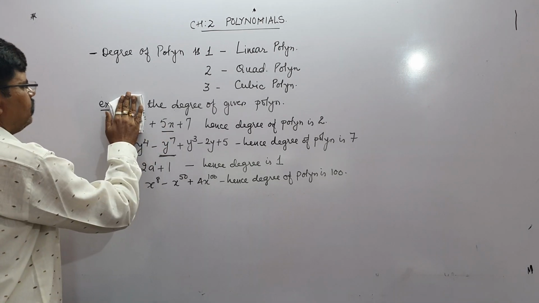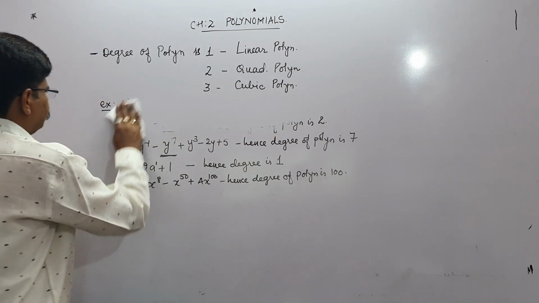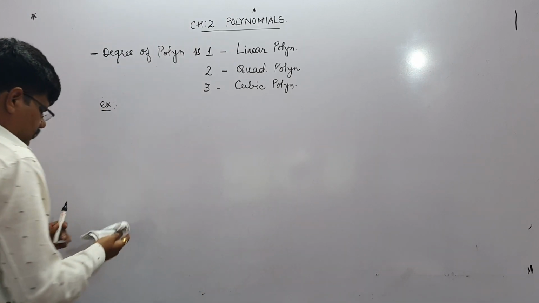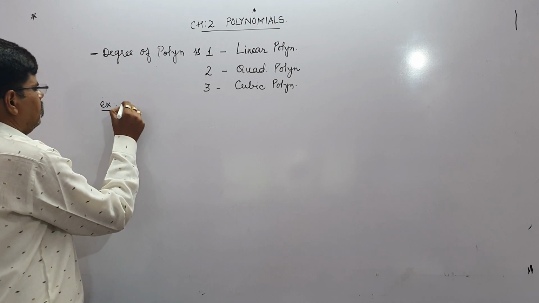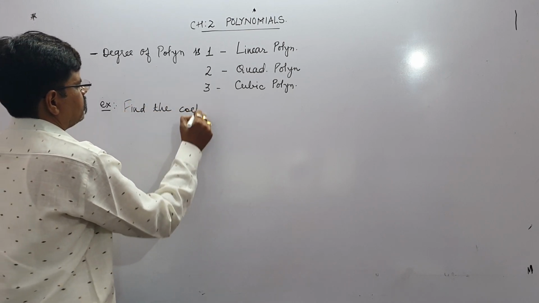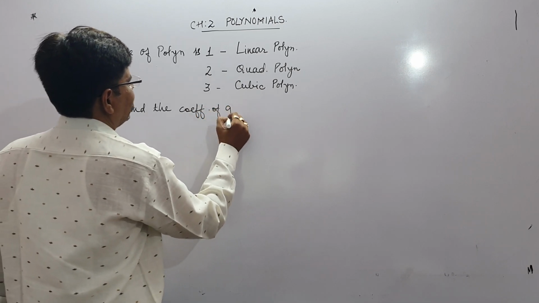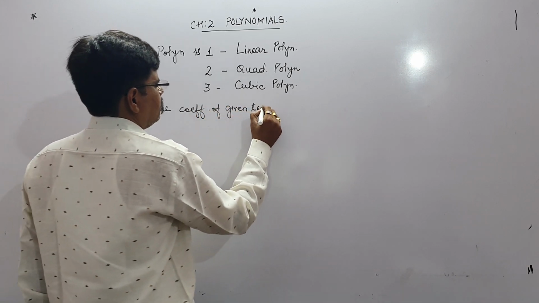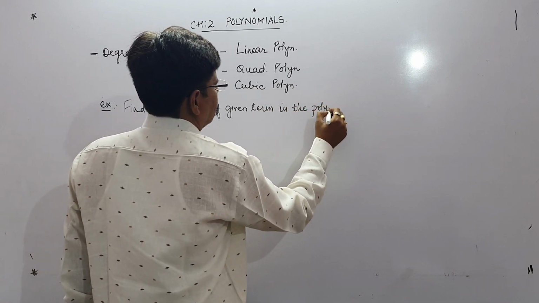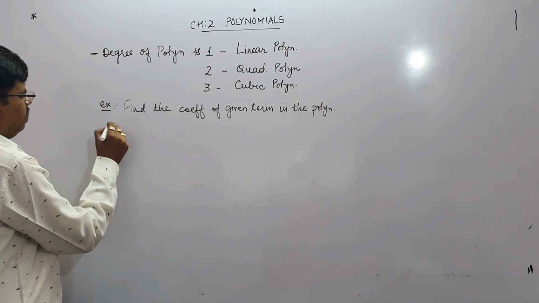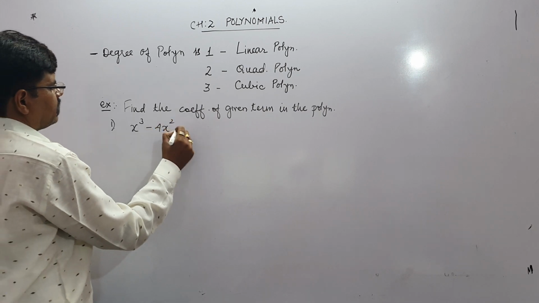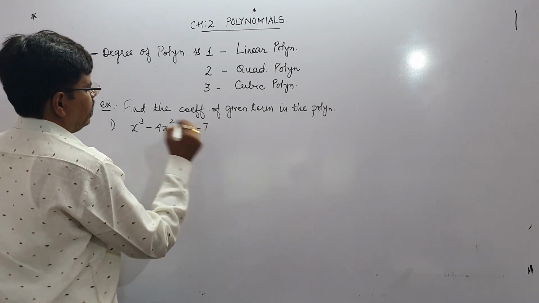Instead of degree, now we will do the sum in which we will find the coefficients of the given term in the polynomial. 1. x raised to 3 minus 4x square plus 5x minus 7.